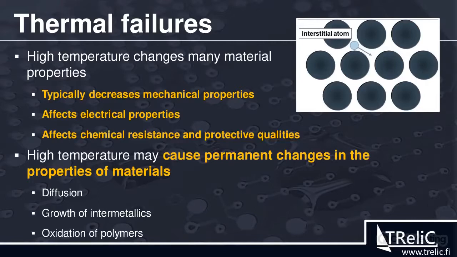And so the reason why, for example, high temperature causes failure so often is that it changes the properties of materials. And normally the mechanical properties, for example, are decreased. This means that the mechanical strength is not as good, especially with polymer materials.